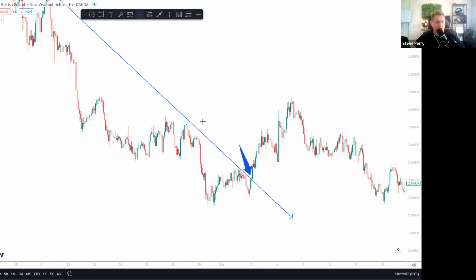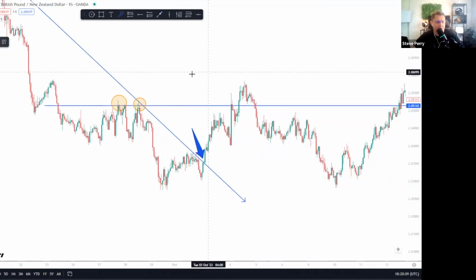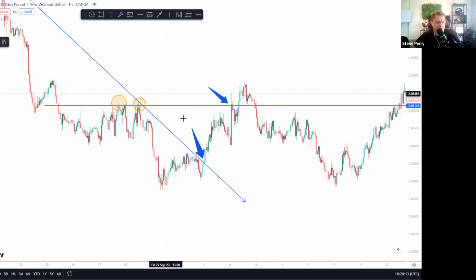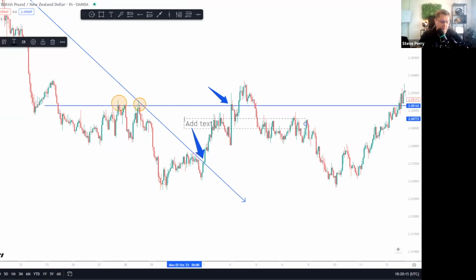And not only that, but it had a nice little resistance area right through here. That was resistance. This was resistance. And so when the market came up to here, it broke structure as well. So you got two different breaks of structure on this pair. Okay, BOS, and then you've got another BOS right here.